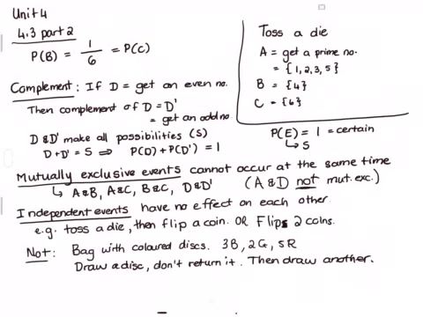Okay, let's just see this again. Imagine you've got this bag and there are all these discs. You can't see inside the bag. You put your hand in, you draw a disc. You note its color. It's either blue or green or red. But you don't put that disc back into the bag. What happens now with your second draw? You've only got 9 discs left to choose from. So your sample space only consists of 9. So here, your sample space had 10.